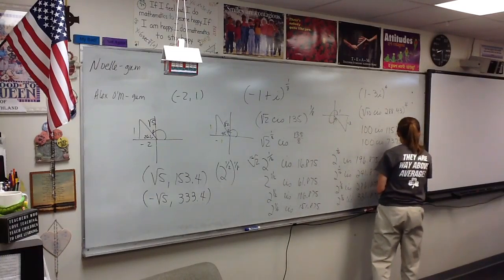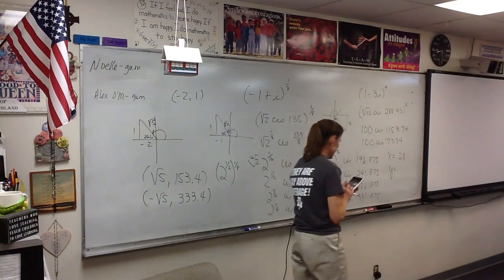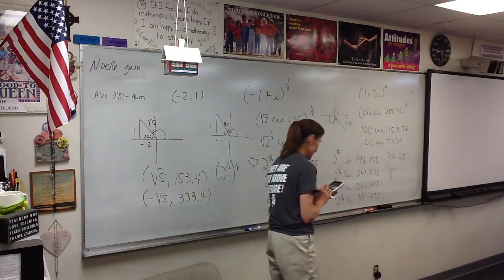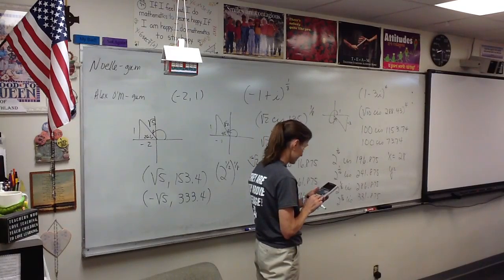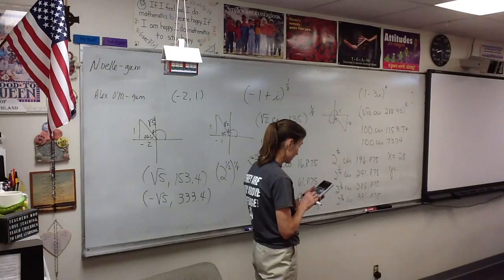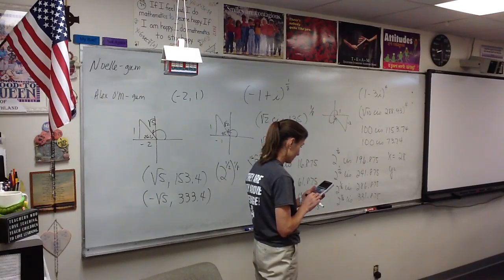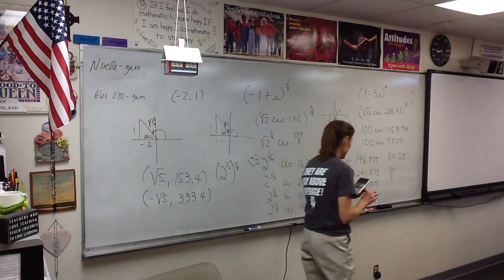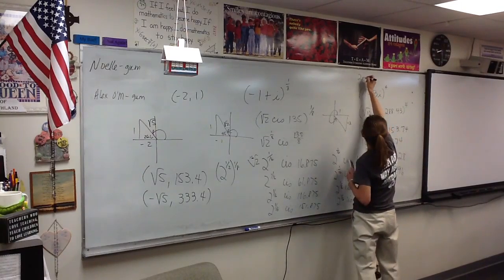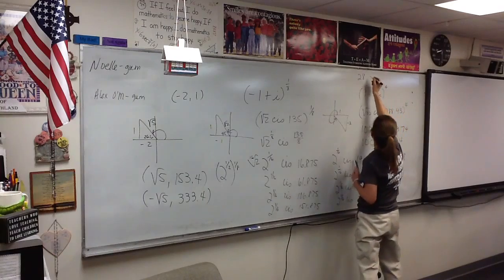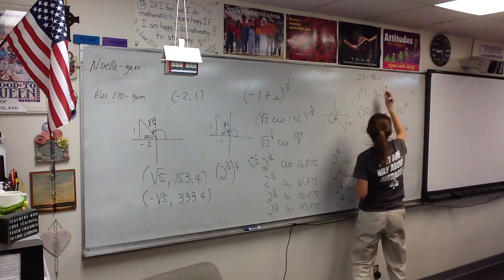And 100 sine, well, I didn't round off, I just left it in my calculator and I got exactly 96. And these are 2 nice numbers, so our answer is 28 plus 96i.